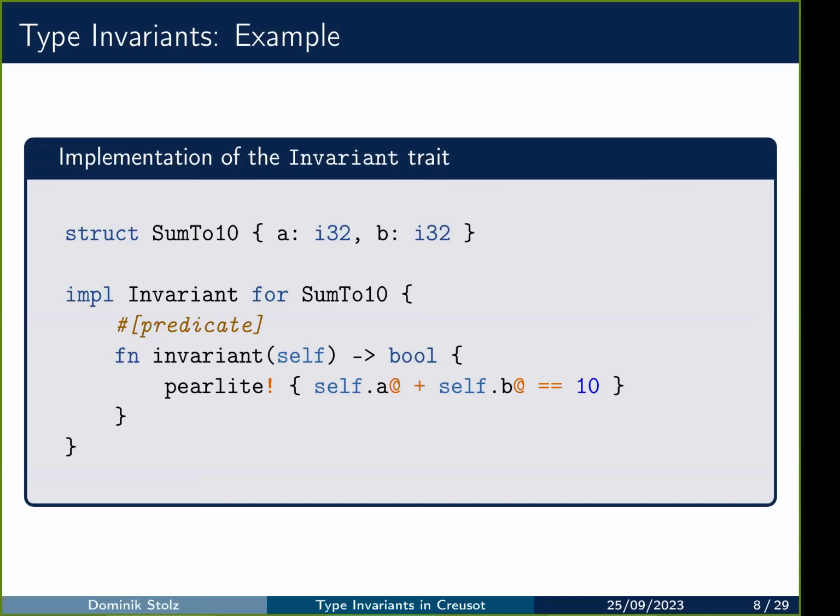And this requires us to define the invariant predicate. And here, as expected, the predicate just says that our fields a and b, that their sum is 10. And the predicate attribute just marks it as a logic level function. And the Pearlite macro enables the use of these model operators, but it's not too important exactly what they do here.